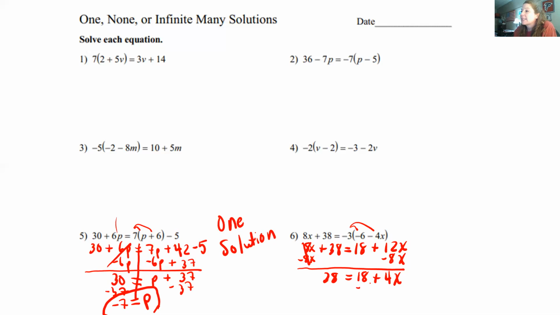I'm going to subtract 18 from both sides. So I end up with 20 equals 4x. When I divide both sides by 4, I get x is equal to 5. So I have one solution, and that solution is x equals 5.